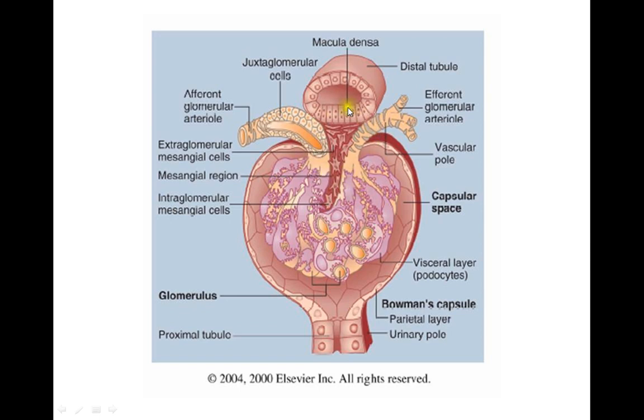Hilum of glomerulus is that part of the glomerulus from which afferent and efferent arterioles enter and exit from the glomerulus respectively.